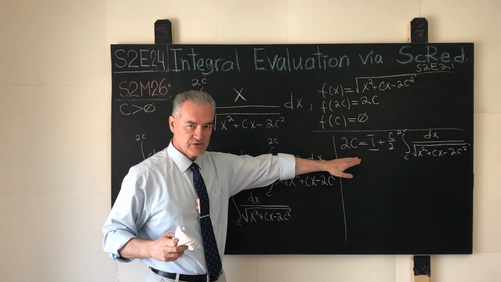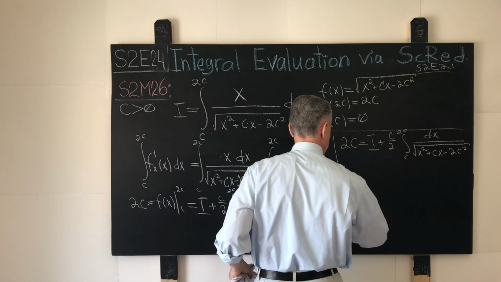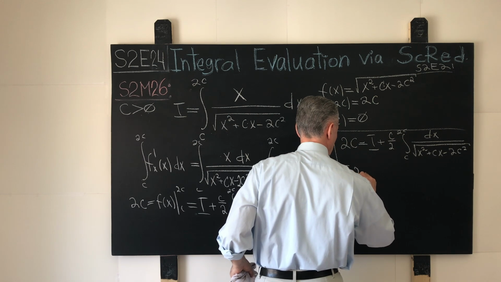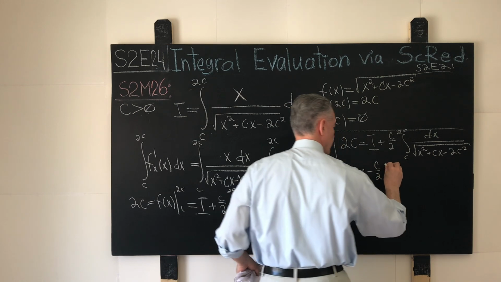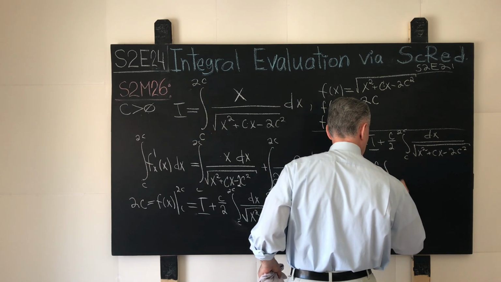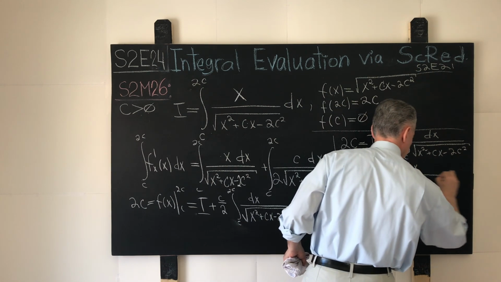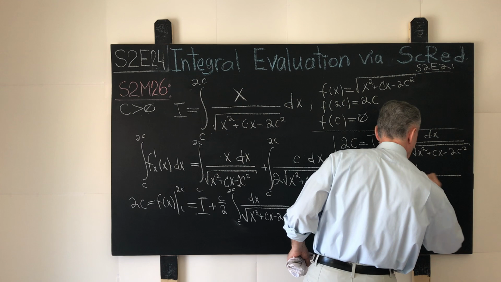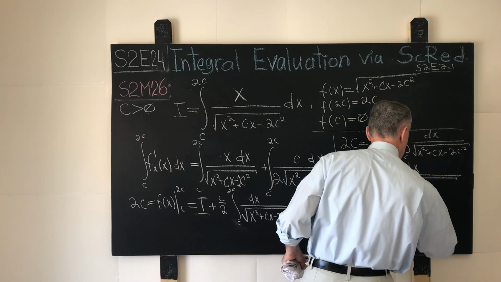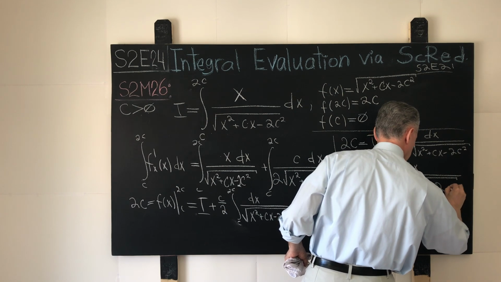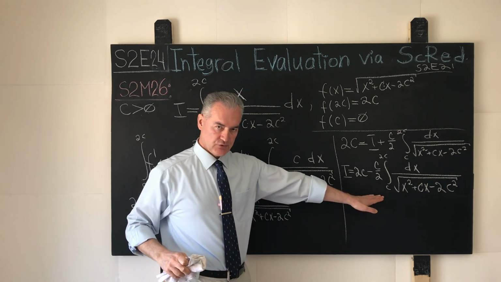Well, now we have a trivial linear equation in I. And I, our integral sought after, is equal to 2c minus c over 2, definite integral from c to 2c, dx over square root of x squared plus cx minus 2c squared. I hope that you all can see this result over here.